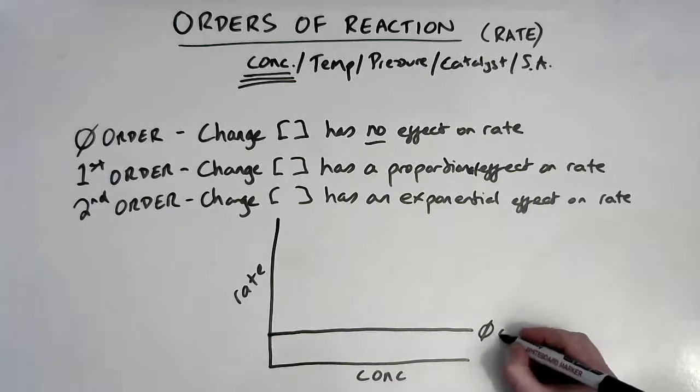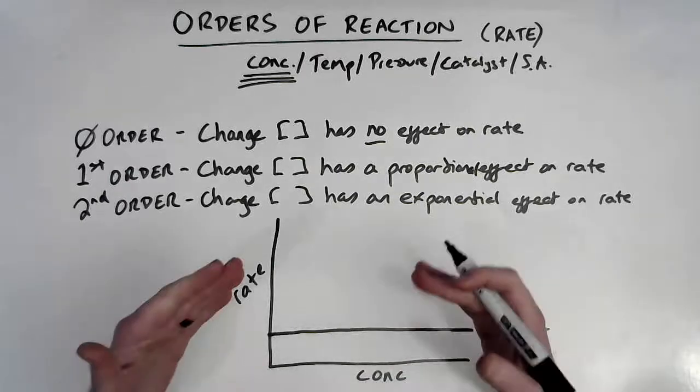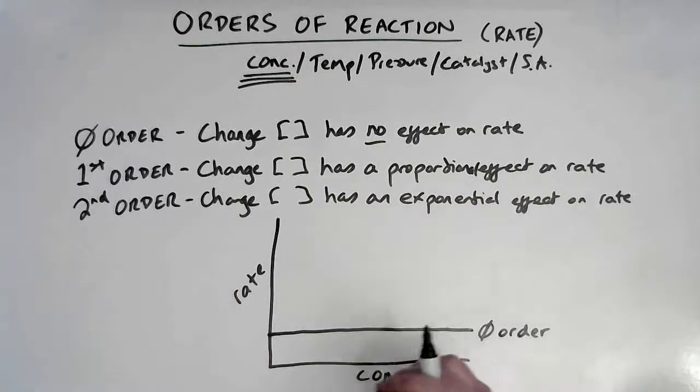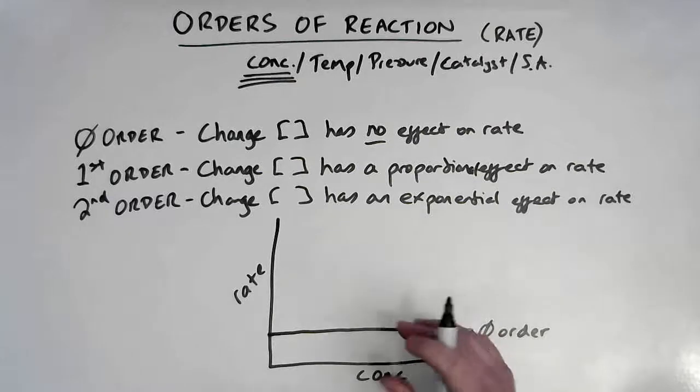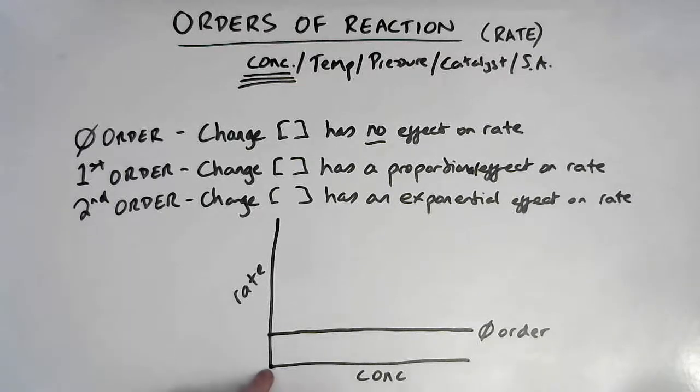So this is of course what we'd expect to see in terms of a concentration against rate graph for zero order. Now you're probably one step ahead of me. For a first order reaction, if it's a proportional relationship, it's got to be a straight line, hasn't it? If there's no reactant in there, then of course the reaction won't occur.